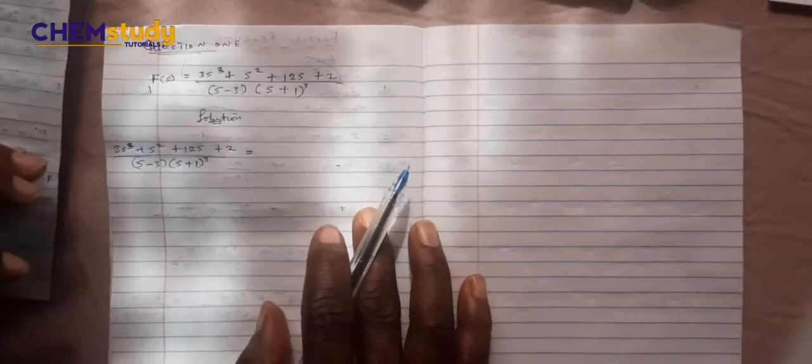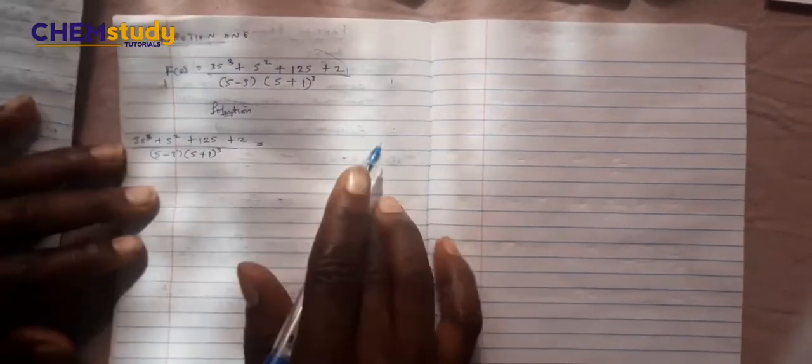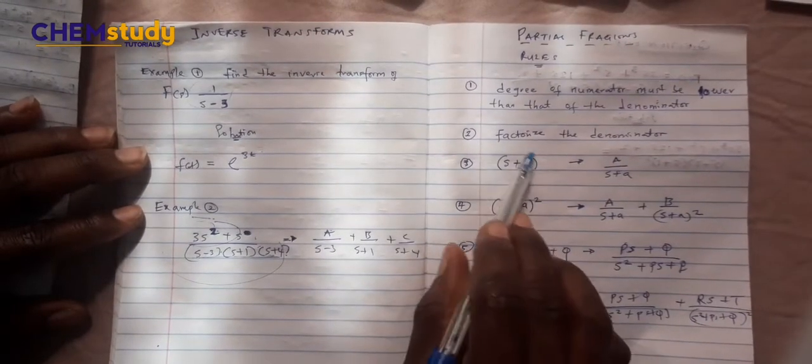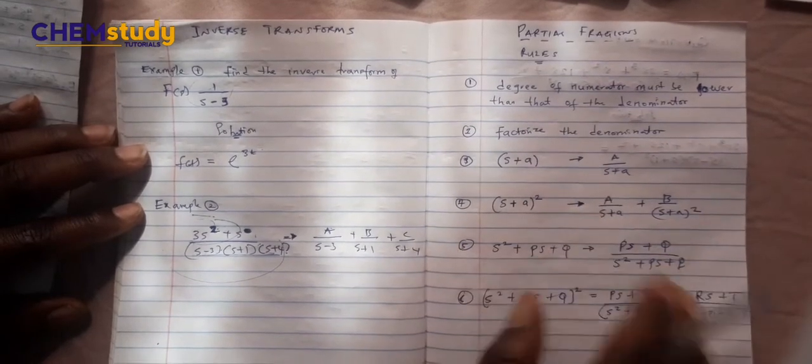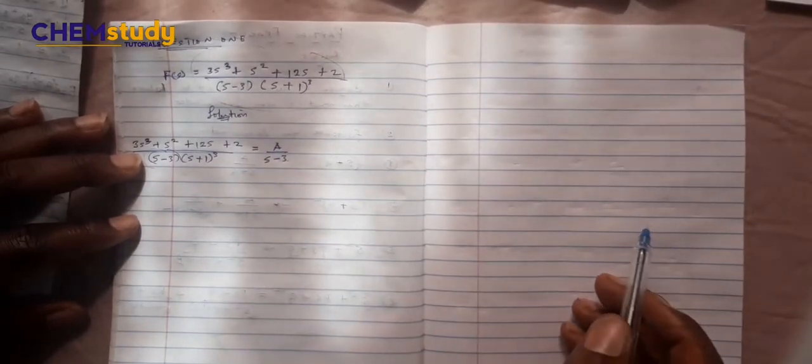So from this question, we'll break it into partial fractions using the rules. Here we have s minus 3; if your denominator looks like this, this is how your partial fraction would look. So you just write a over s minus 3.